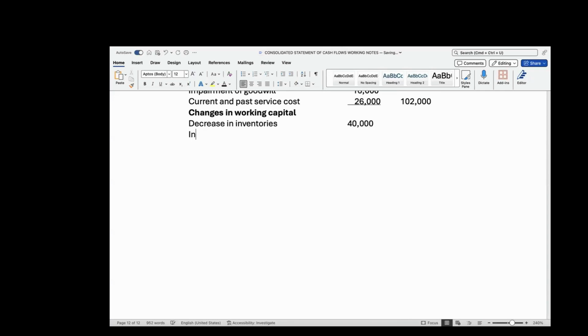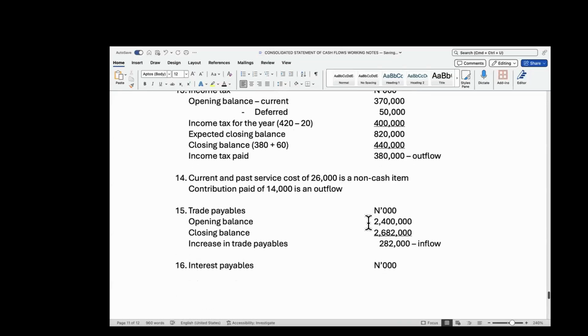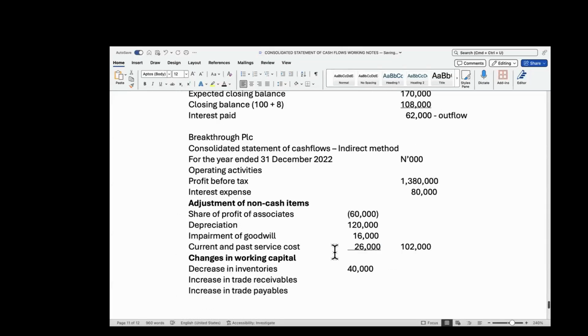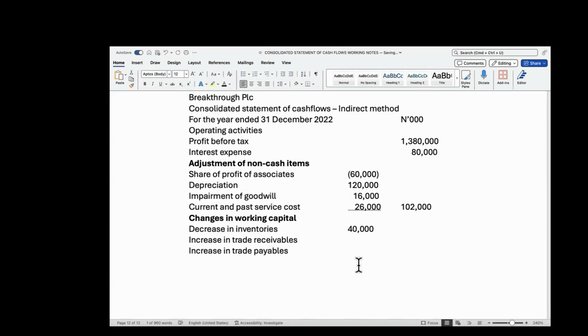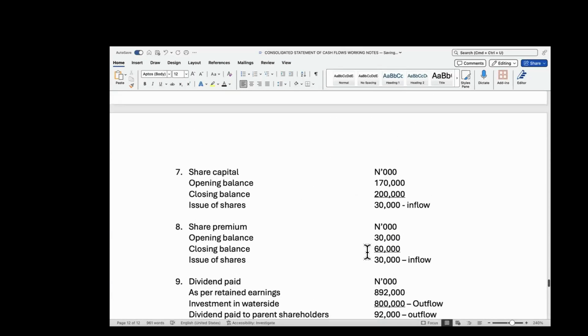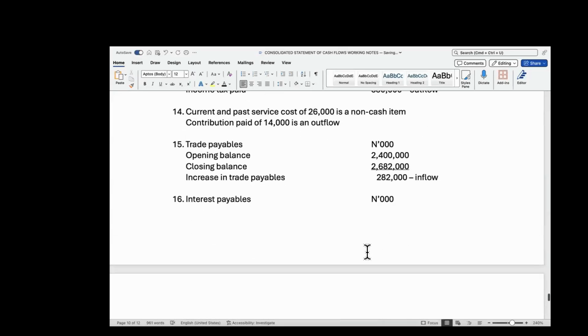We had increase in trade receivables and increase in trade payables. So what are they? Increase in trade payables was 282 inflow. And increase in trade receivables, 160,000 outflow.